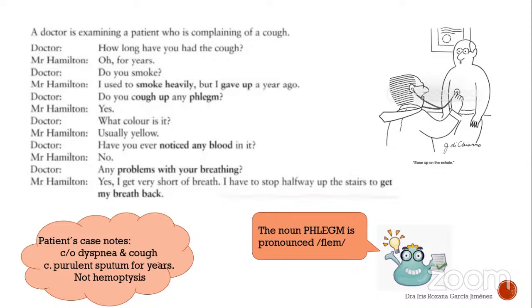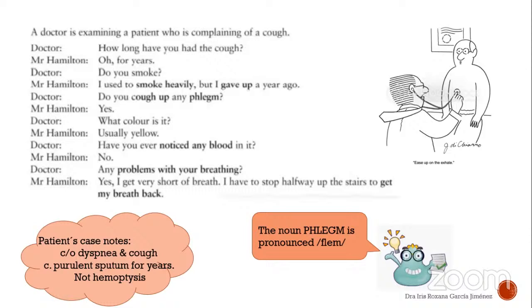Yes. What color is it? Usually yellow. Have you ever noticed any blood in it? No. Any problems with your breathing? Yes, I get very short of breath. I have to stop halfway up the stairs to get my breath back. Thank you so much. Thank you both.